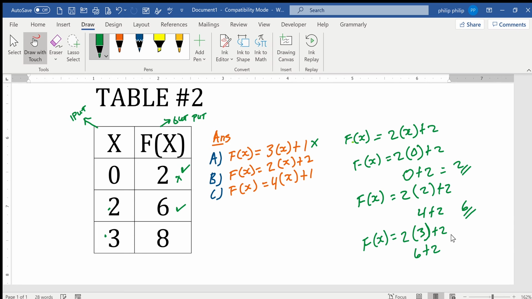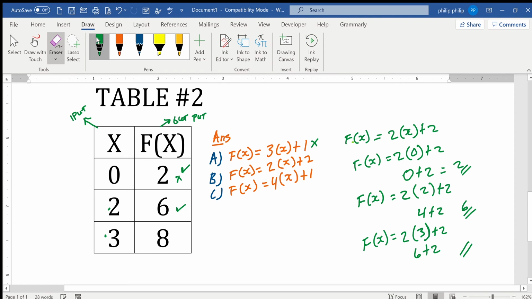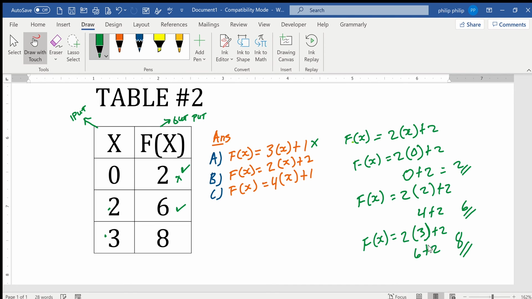Now 6 plus 2 is just 8, right? We all know that, right? So that means, oh my bad. I just drew my little quirky 8. But okay, let me put the right one there. Okay, here we go. So 6 plus 2 is 8. 6, 7, 8. So it's 8.